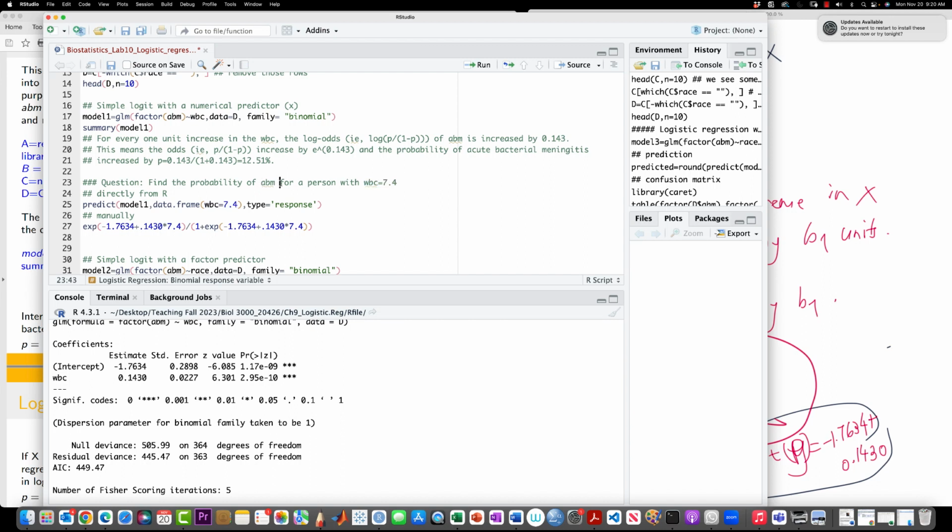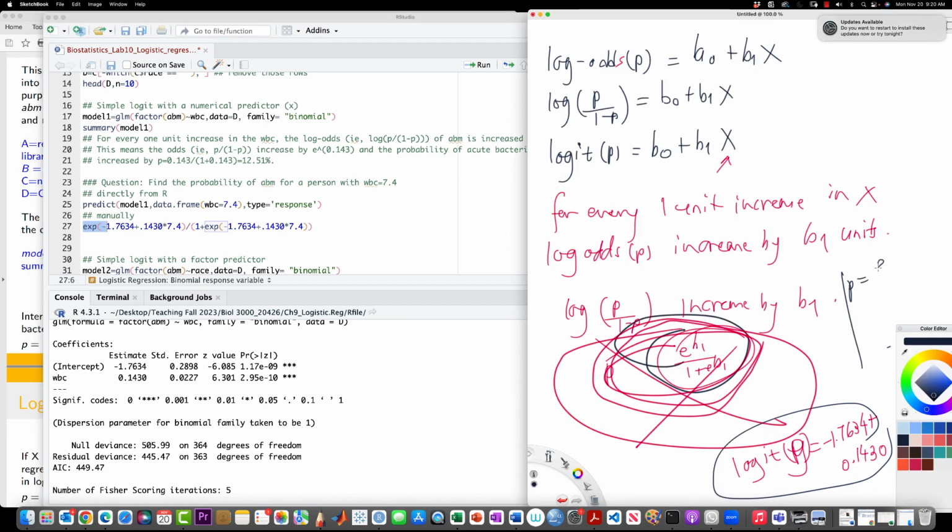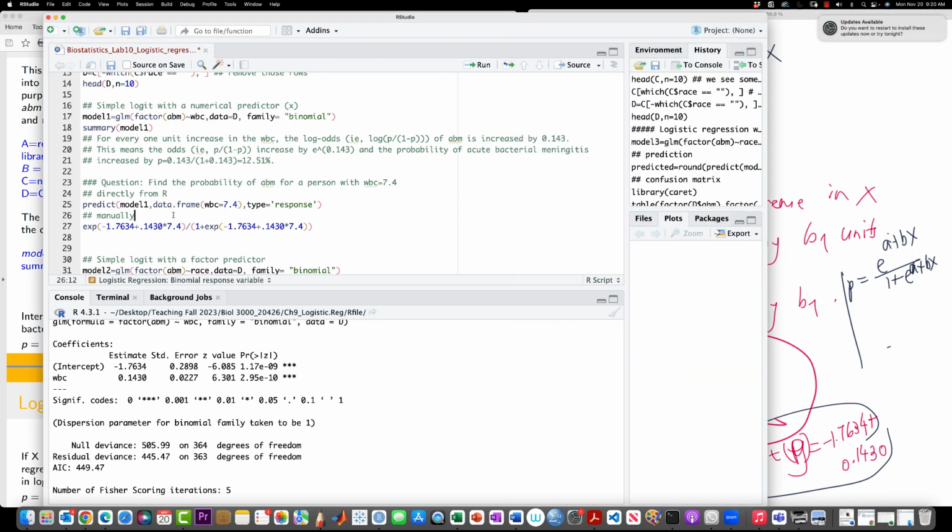So if you want to do it manually, then you can do the exponential: p equals e to the a plus bx over 1 plus e to the a plus bx. That is the manual way of finding it. But if you want to do it directly using R, that is predict, model 1, that is the model 1, data.frame WBC equals 7.4, type equals response.